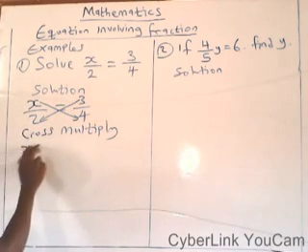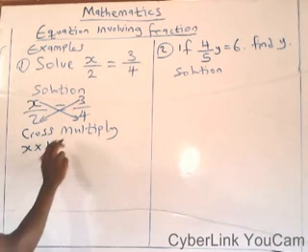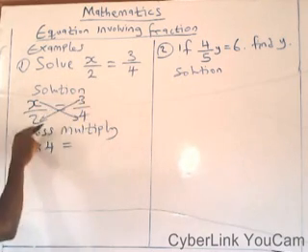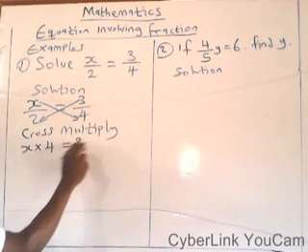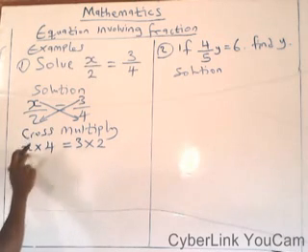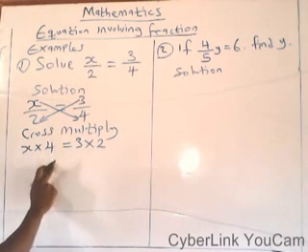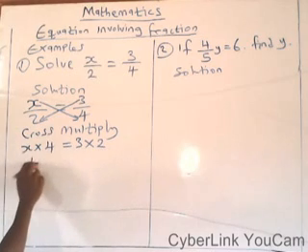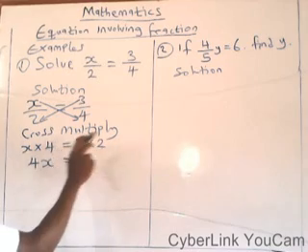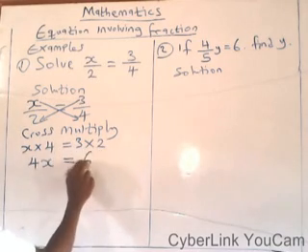We arrive at x times 4, and let it equal to this 3 multiplied by 2. Now x times 4 will give us 4x, and 3 multiplied by 2 will give us 6.